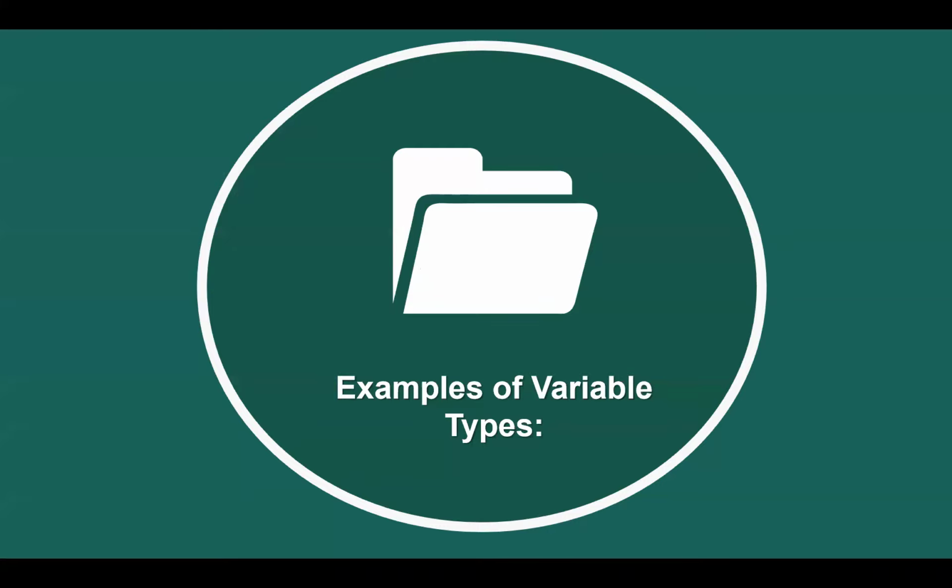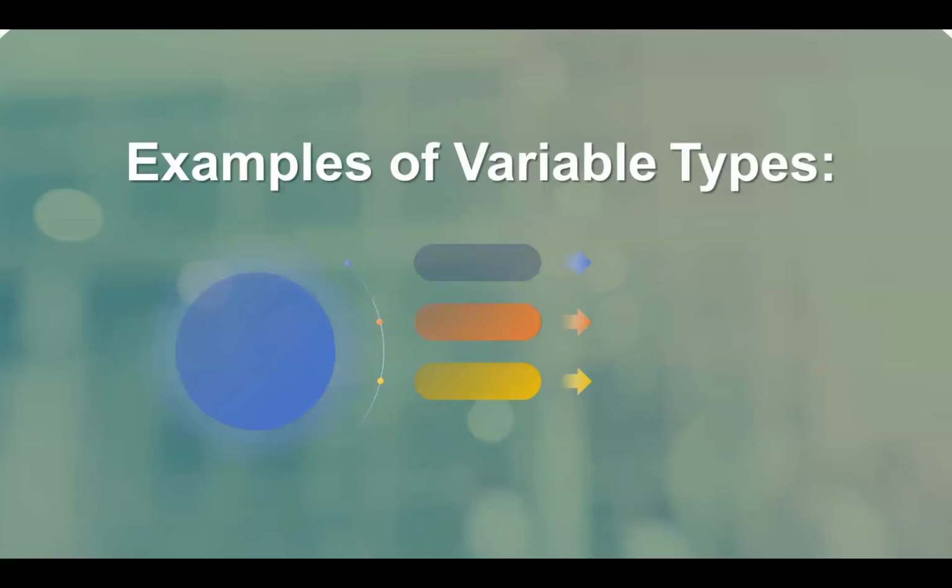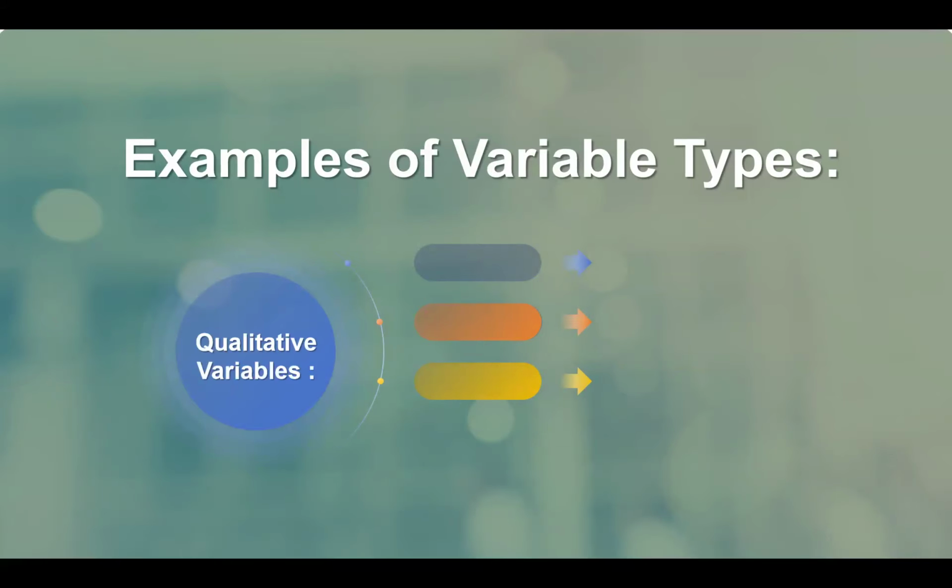Let's examine each category with some examples. First, we start with the qualitative variable. Qualitative variables describe characteristics that cannot be expressed numerically, for example, gender, male or female, nationality, like Algerian, Tunisian, and a social media platform like Facebook, Instagram, or TikTok.